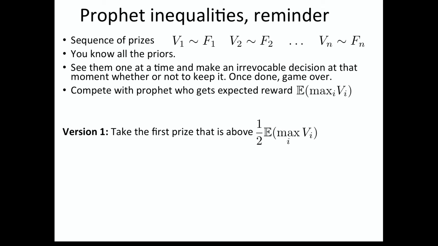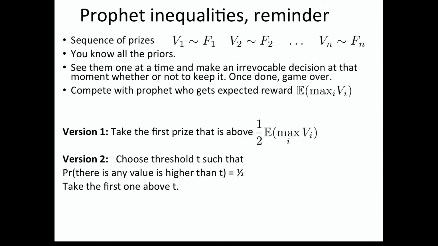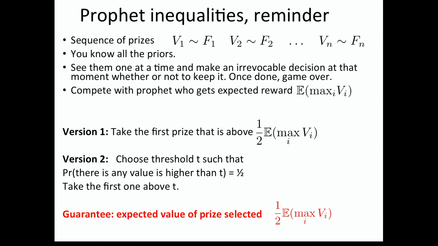There's another version often used in mechanism design: choose a threshold t such that the probability that any of these values are above t is 1/2, and take the first prize that's above t. That also gives you a competitive ratio of 2, with a very similar proof to the one Matt gave. Both guarantee that the expected value of the prize selected is half of the expected maximum.